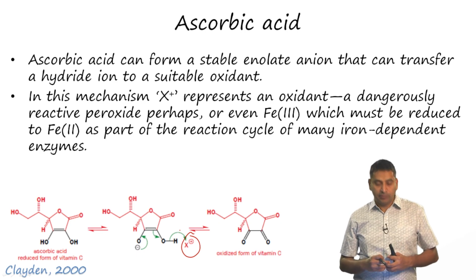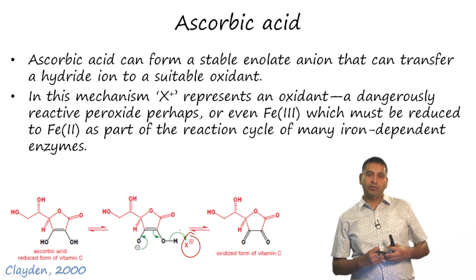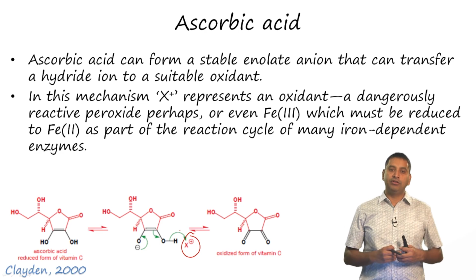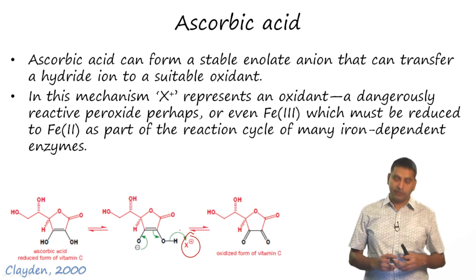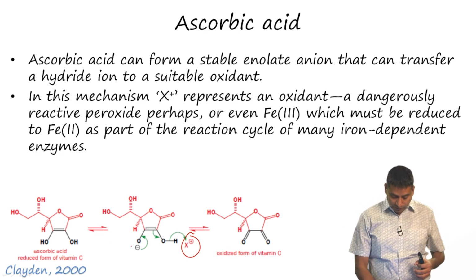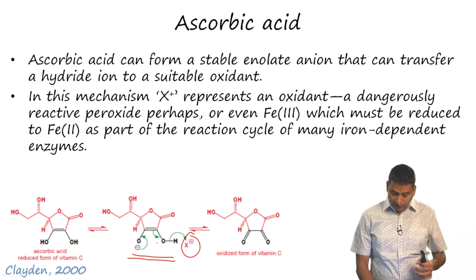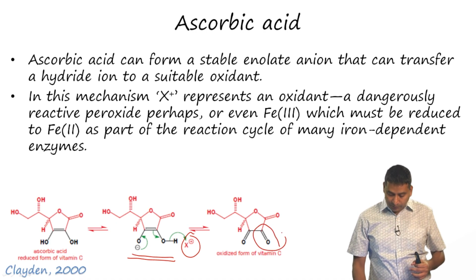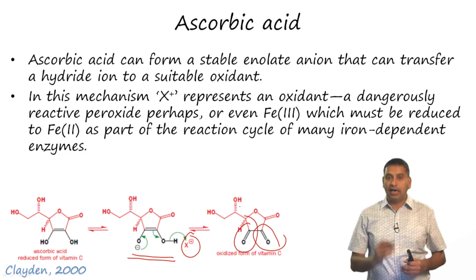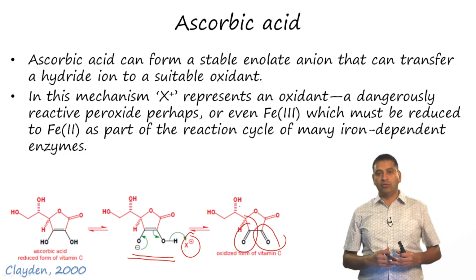So, ascorbic acid, which is nothing but the reduced form of vitamin C, can exist in this equilibrium as shown here and produce this intermediate, which is the enolate, and the enolate can rearrange and give you the ketone, right, as shown here, and once it has transferred the electrons to X plus, then X plus undergoes reduction.